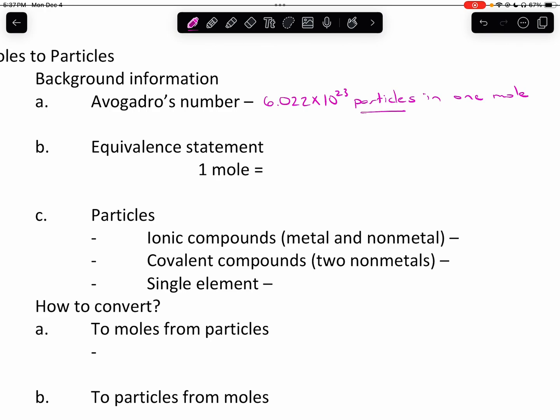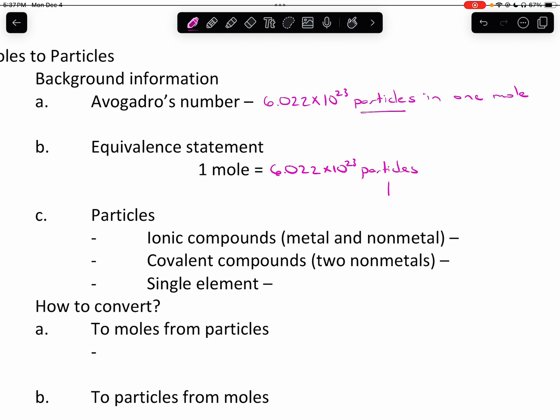We can look at how many atoms, molecules, or formula units we have, and compare that to other atoms, molecules, and formula units. So our equivalent statement that we're going to use today is 1 mole equals 6.022 times 10 to the 23rd particles.